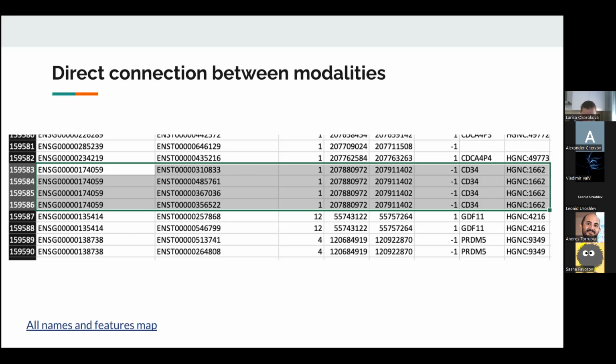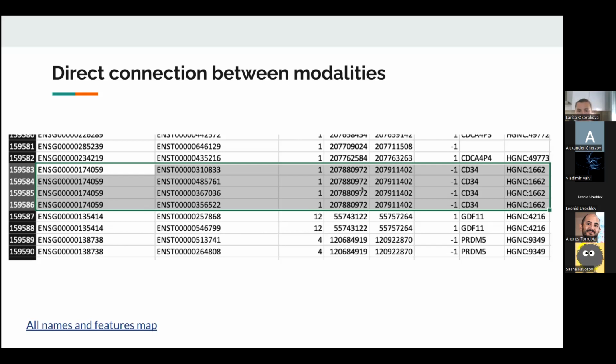A lot of genes in the human genome produce different transcripts. Most of the time we can select only one transcript, which is most relevant, but I would say that this is not important for this competition. Also, for this particular table, I selected the coordinates in the genome. This one means that this gene is located on the first chromosome. This other one, for example, is located on the 12th chromosome.